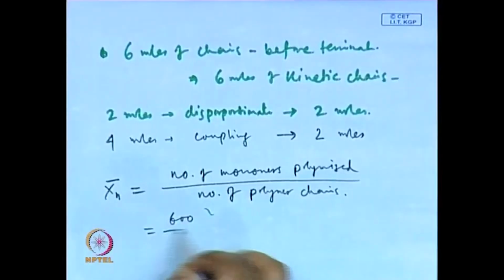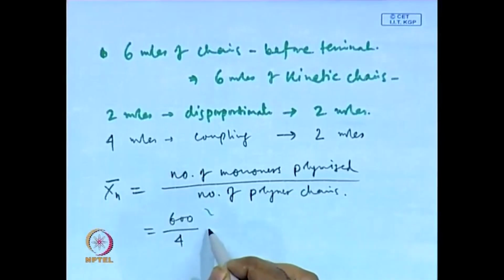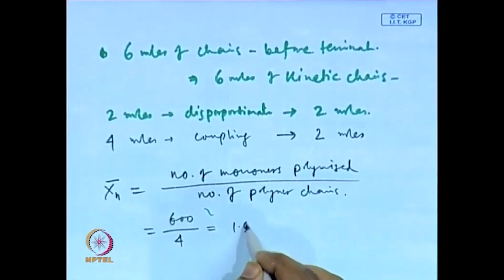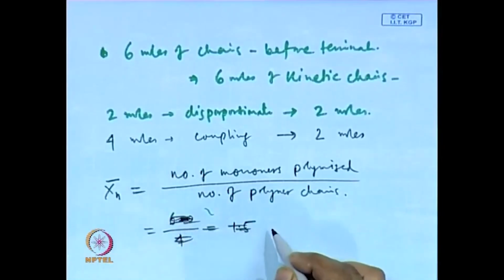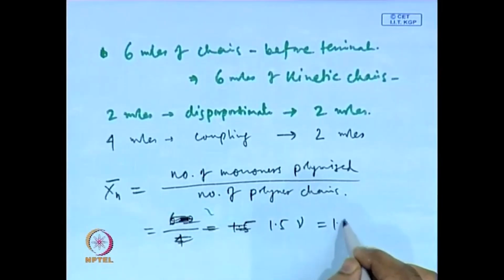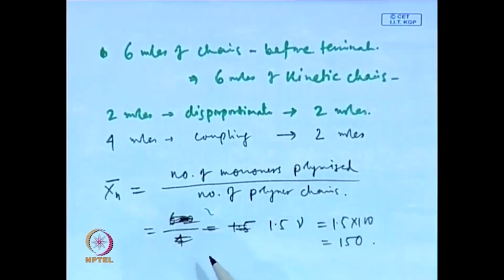So, that is 600 by 4, 150, so that is 1.5 nu, which is 1.5 multiplied by 100, 150.